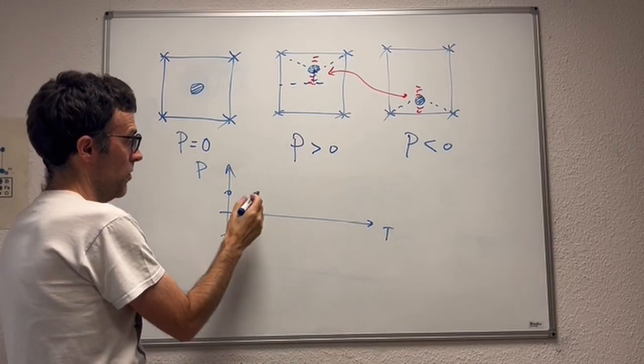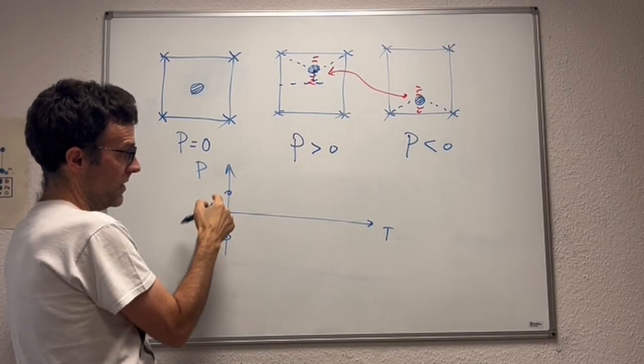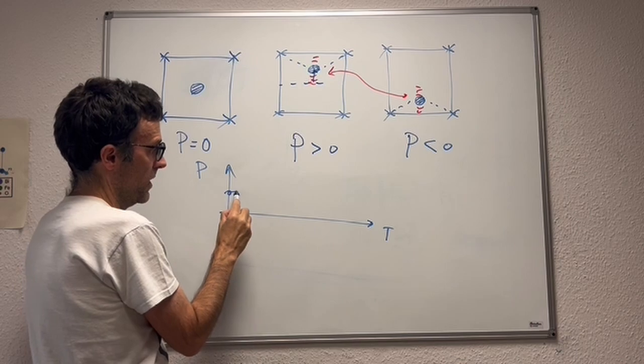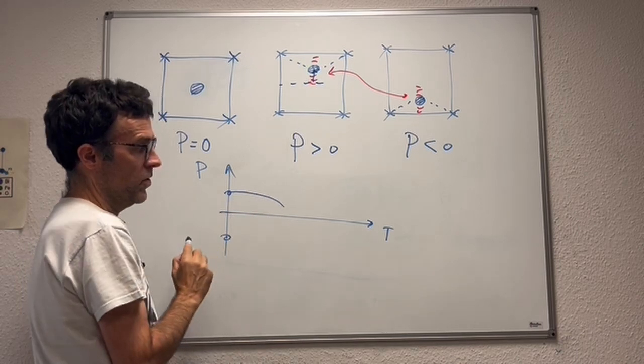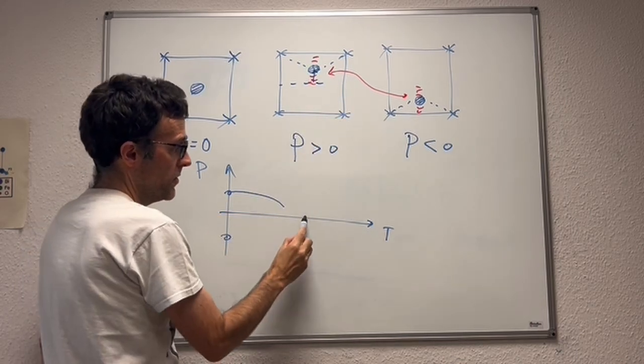But eventually, if we follow this polarization for this particular system that starts there at low temperature, we would realize that at some point the polarization goes down, and beyond some temperature, the polarization is 0.